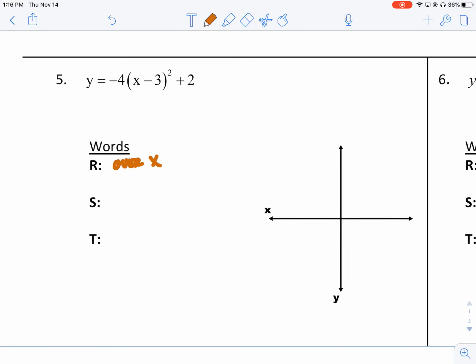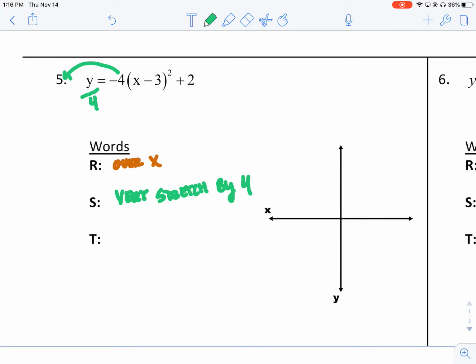Okay, any scale changes? Looks like we have a multiplication, but technically it's a division because it's over on the y side, so it's actually a divide over there, right? So the y would actually be divided. So that means that it is a vertical stretch. So vertical stretch by 4.